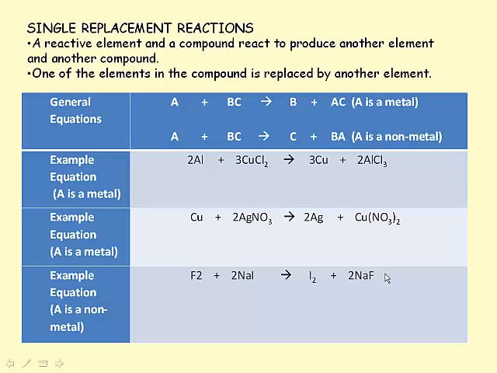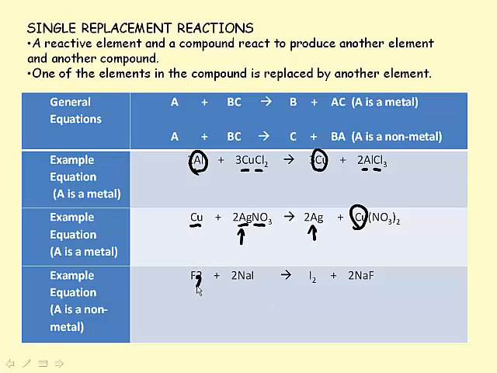Here are some examples. You can see that there's 1 element here, 2 elements here, aluminum, copper, and chlorine. You end up with copper being on its own and the aluminum and chlorine combining with one another. In each one of these you'll see the same pattern: a single element recombining with another and displacing one of the other elements.